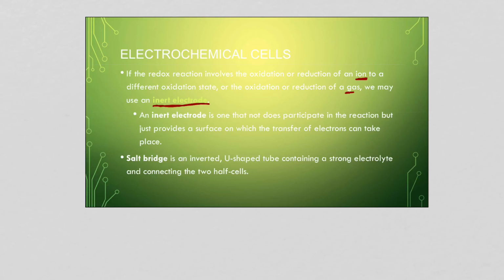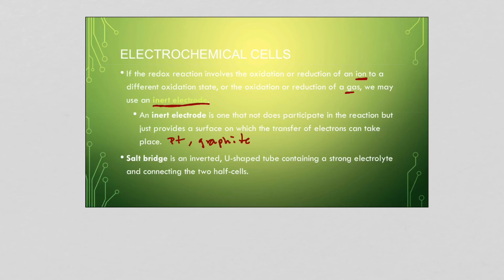An inert electrode is one that allows the electrons to flow but doesn't actually participate. Common examples of this are platinum metal or graphite, often used as inert electrodes if we don't have a convenient solid electrode that matches what's going on.